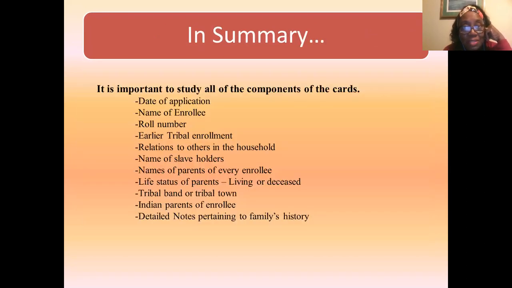So summing all of this up, look at all the components on the Dawes card. It's not just the name and a roll number.